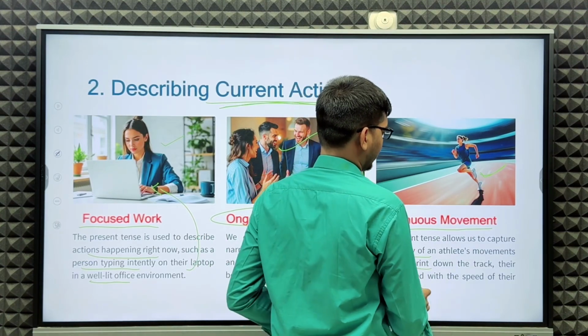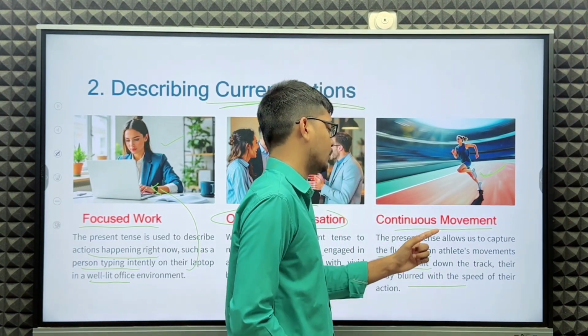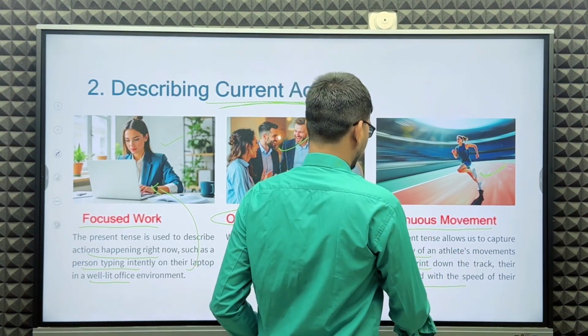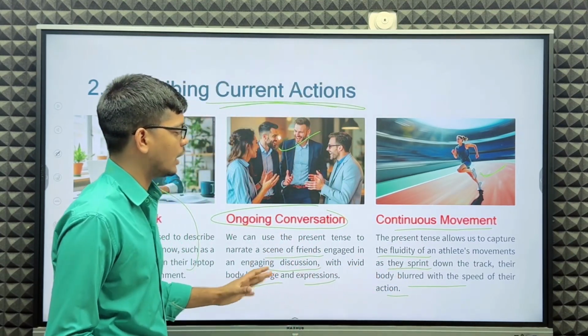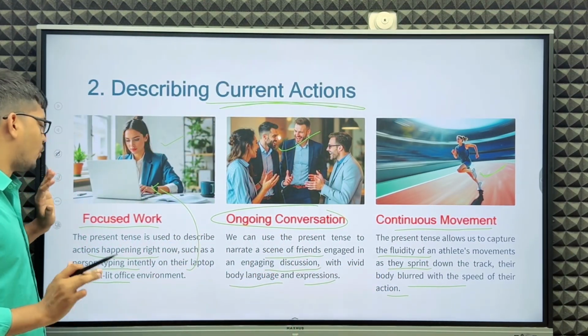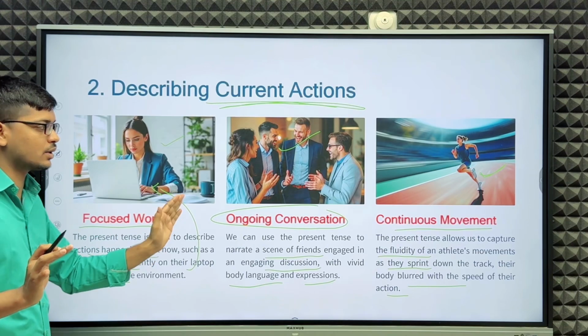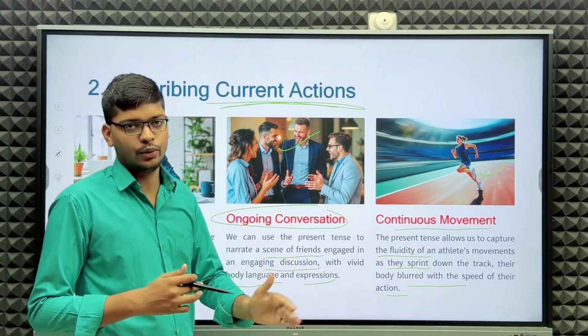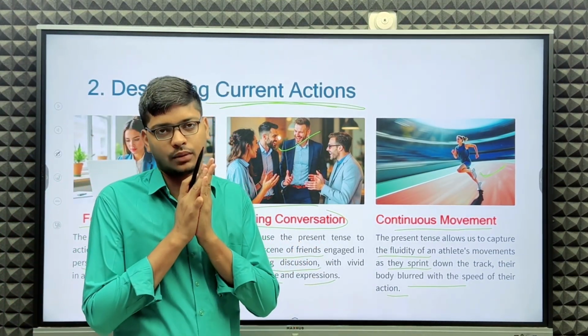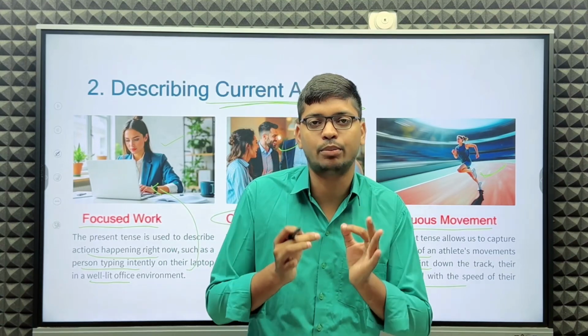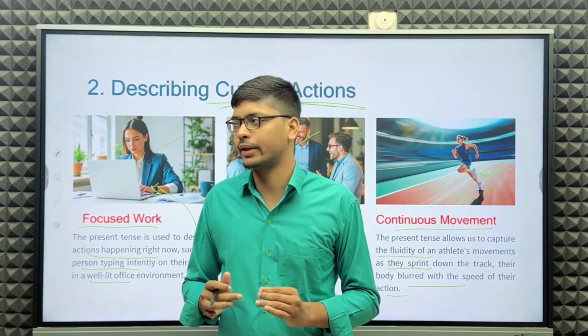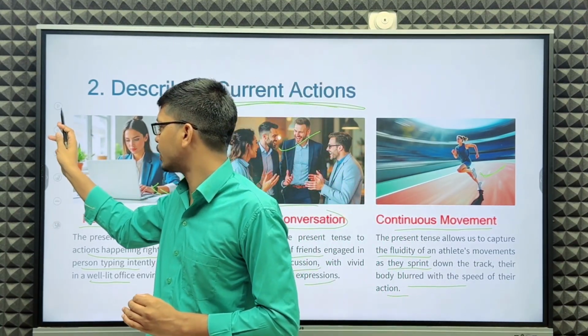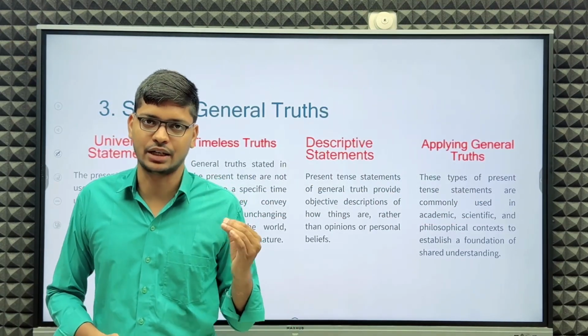They sprint down the track, matching the speed of their action. So I hope you understand focused work, ongoing conversation, and continuous movement. We have to use the simple present tense rules. So let's see the next use of the simple present tense.